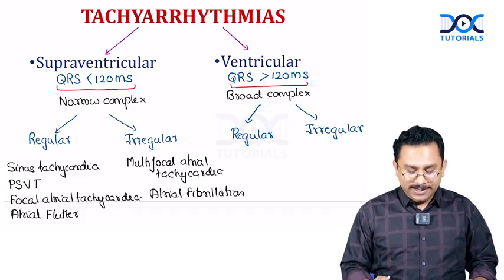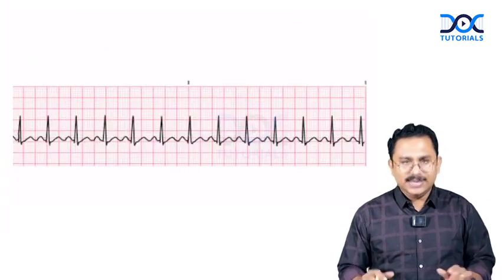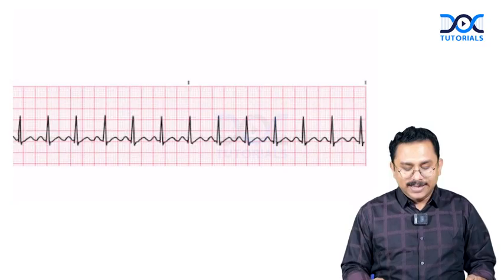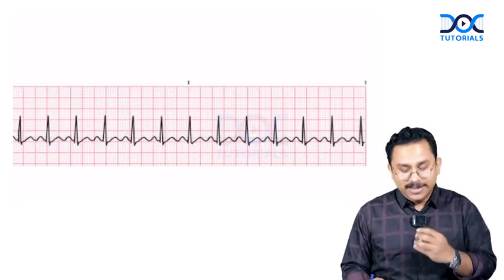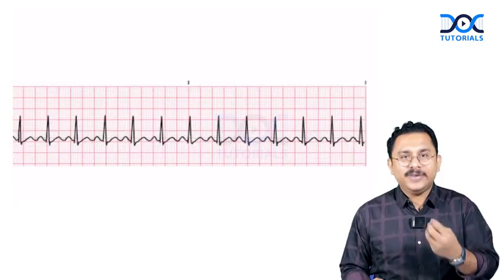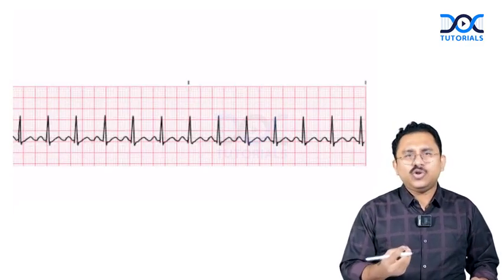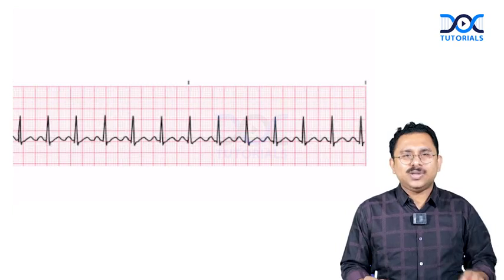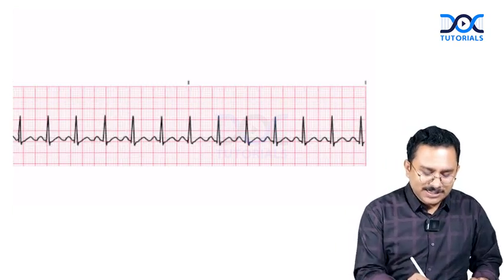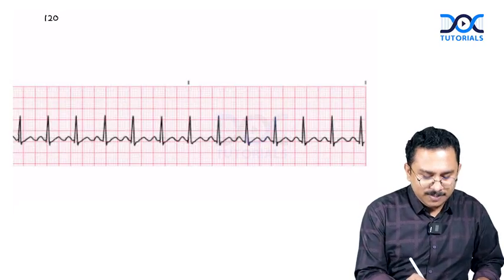So I think we'll start off with an ECG here. If you look at this ECG, the heart rate is, as I told you, 300 divided by the number of large squares. Here you have almost 2.5 large squares, so the heart rate comes to around 120 per minute.